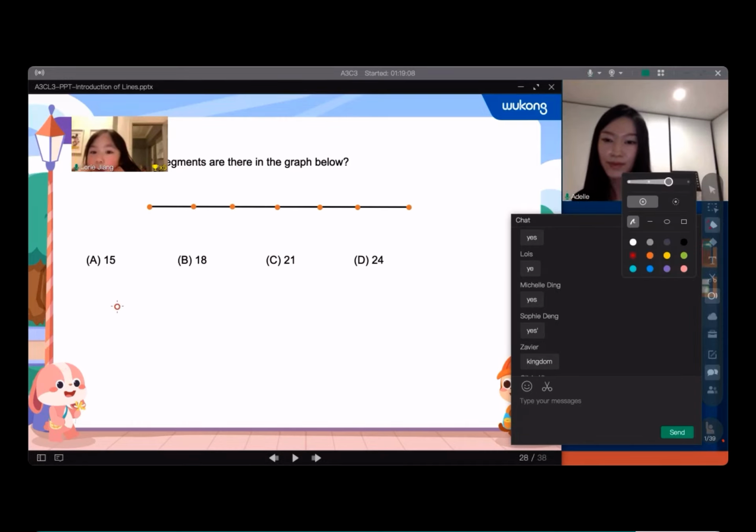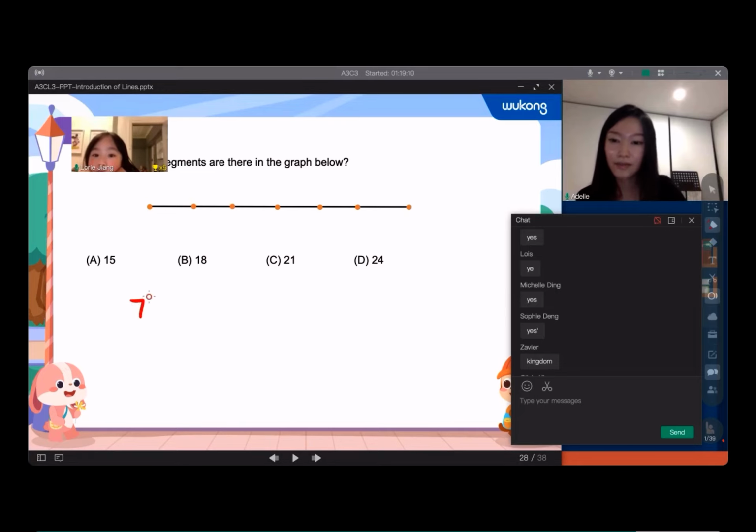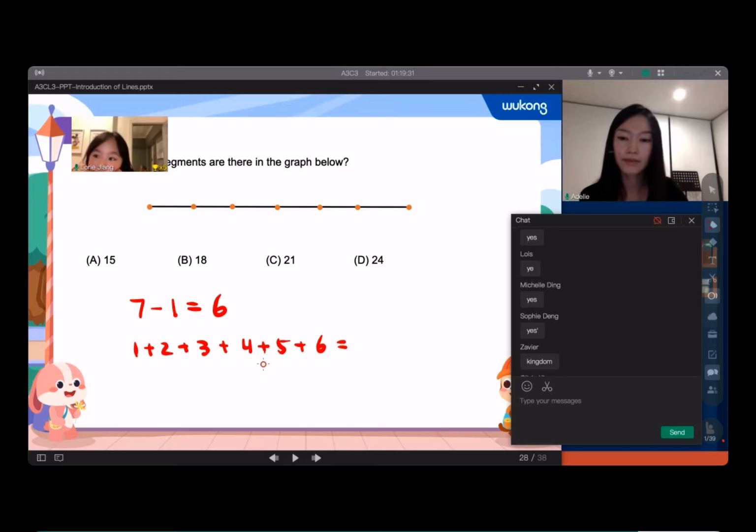So there's 7 dots, and then you take away 1, which equals 6, and then you have to do 1 plus 2 plus 3 plus 4 plus 5 plus 6, and the answer is 21.